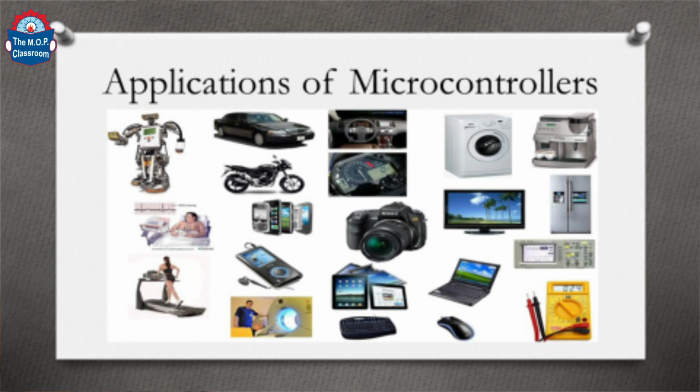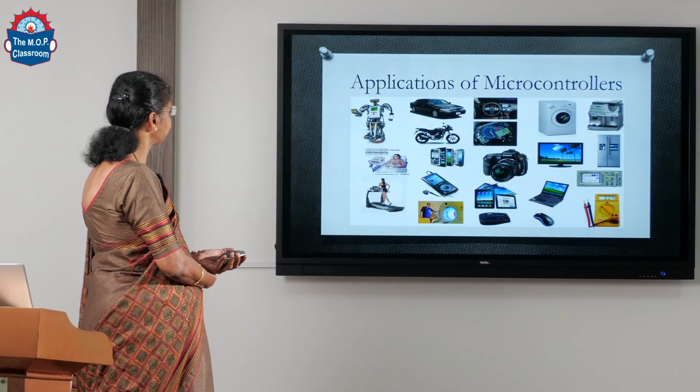In medical devices, it is used in heart monitoring, blood pressure monitoring and insulin pumps. In robotics, it is used in controlling robot arms and movements. In consumer electronic products like remote controls and digital cameras. In communication systems, we use it in modems, routers and switches, and in security systems, we use it in access control systems and alarm systems.